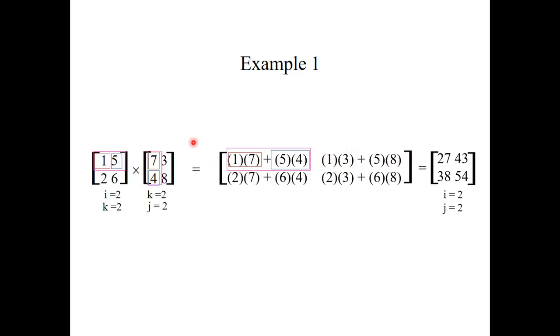Then you go to the second row, because you have no further columns in the second matrix with which you can multiply. And then you multiply the second row with the first column. So that means you multiply 2 times 7, and add to that 6 times 4, and that gives you the first number in the second row of the product matrix.